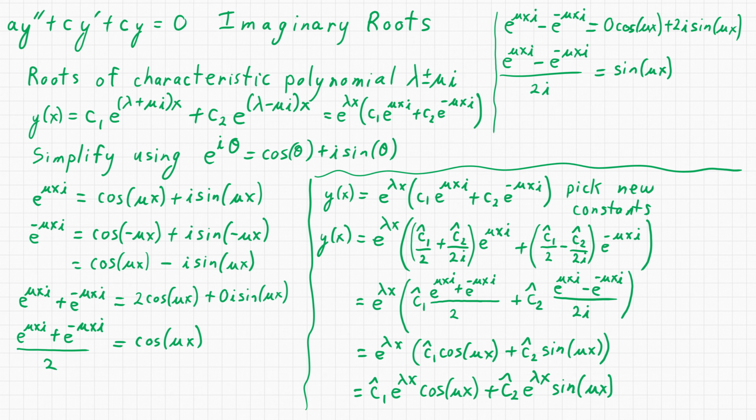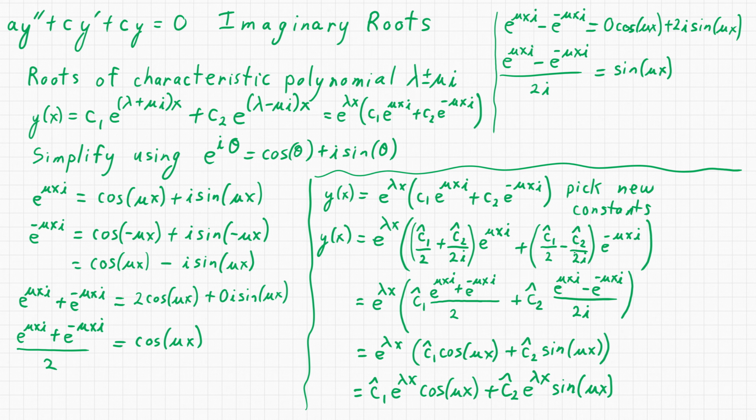So that was all thanks to this formula, e to the i theta equals cosine theta plus i sine theta. These clever tricks add together the positive and negative complex exponential to just get cosine and just get sine. And then the really clever trick to rewrite the constants we started with, c1 and c2, into these really weird combinations of constants, c1 hat and c2 hat.